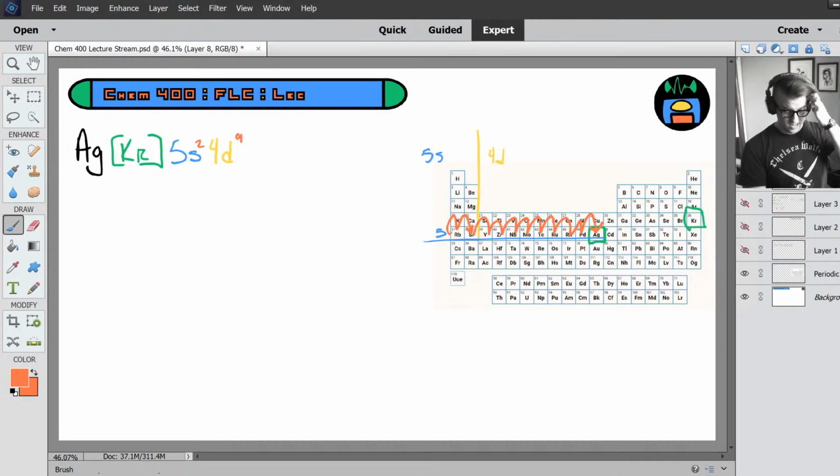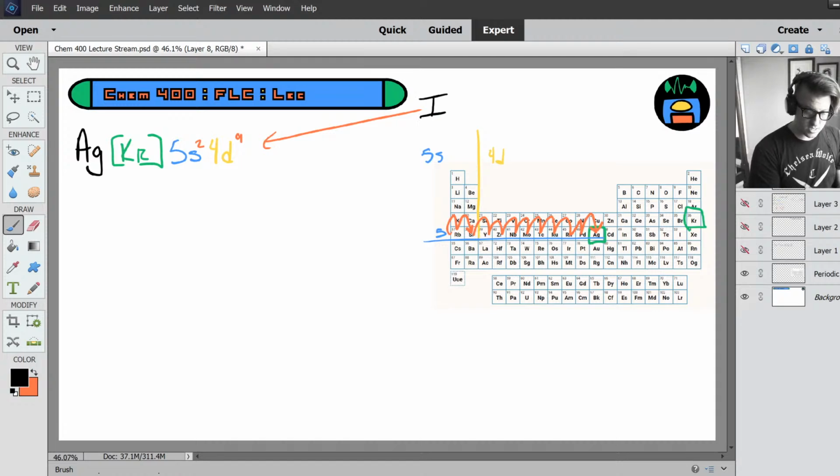And just like before, this electron configuration for silver is incorrect, and we'll take a look at the orbital diagram to understand why.